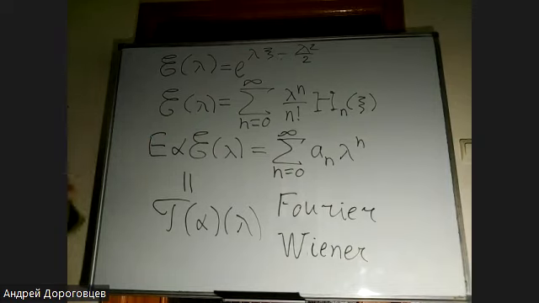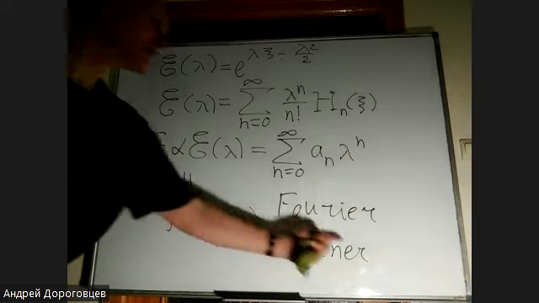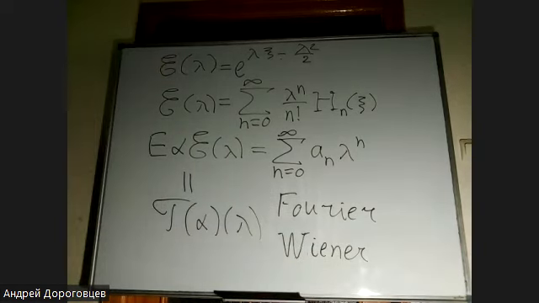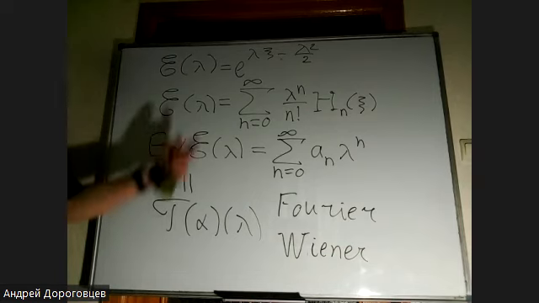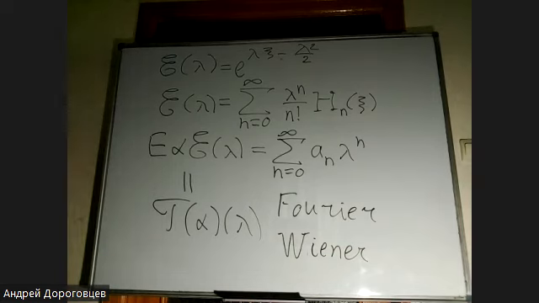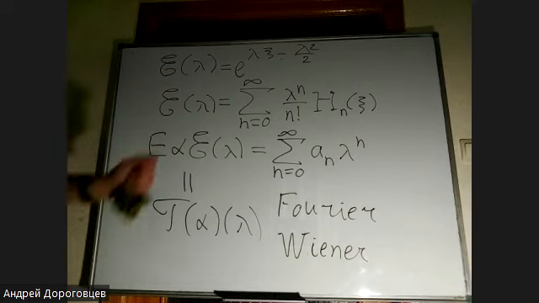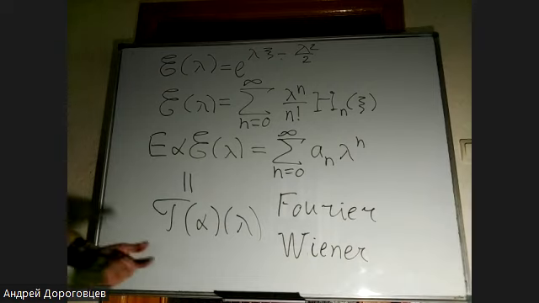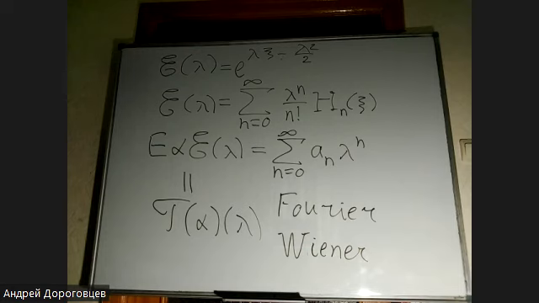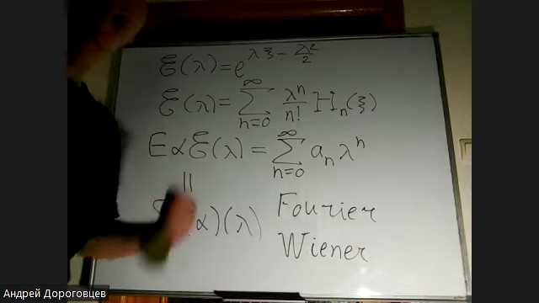Maybe you understand that the name of Wiener must be related here because we have Gaussian random variables and Wiener did a lot in the investigation of his process and so on. But why Fourier?